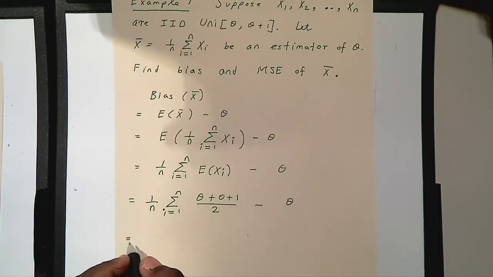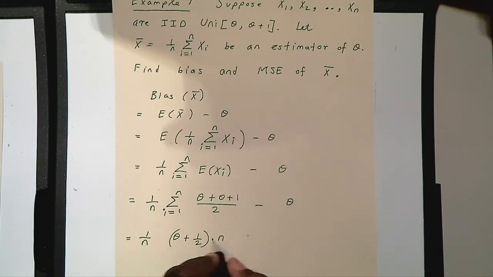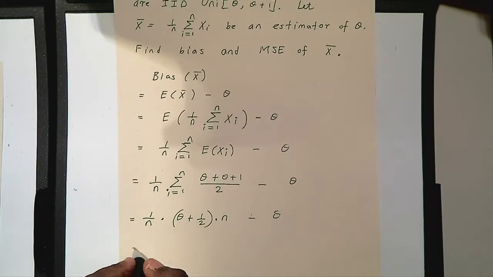So this is going to be 1 over n times theta plus a half times n. All right, so this is half.